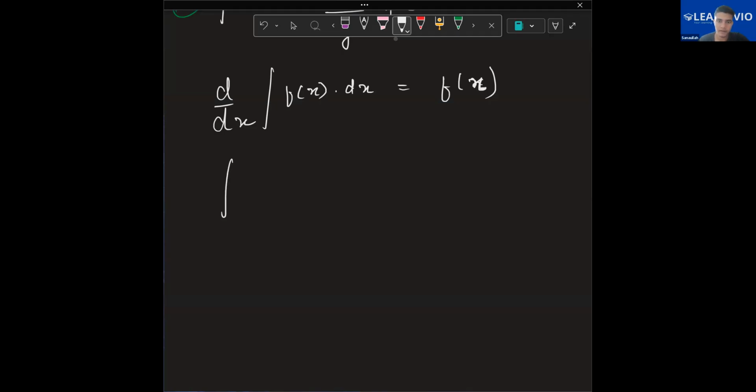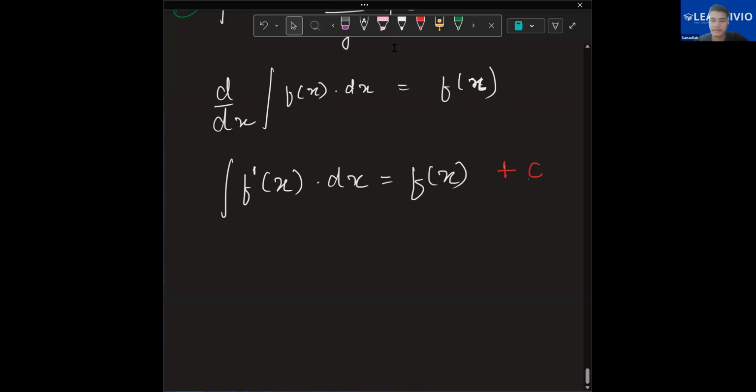And integration of f dash of x, that is derivative, dx equals to f of x plus c. So there is a difference. इसमें आप difference check करना.